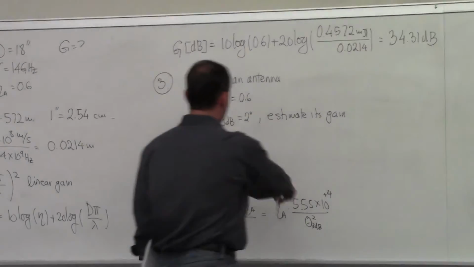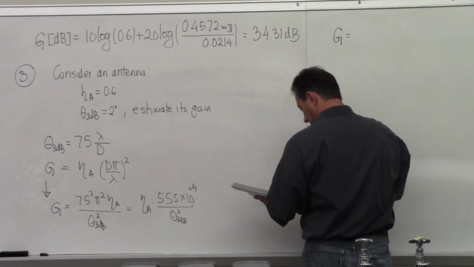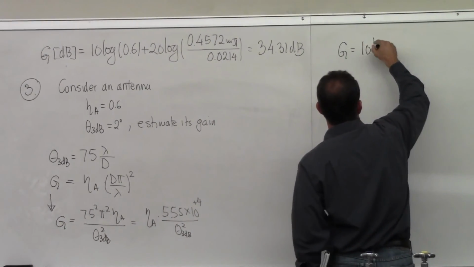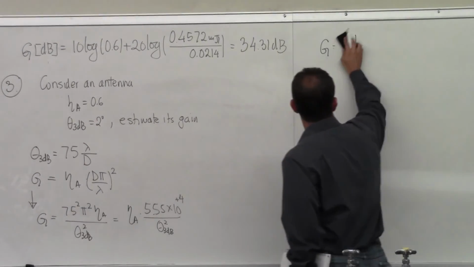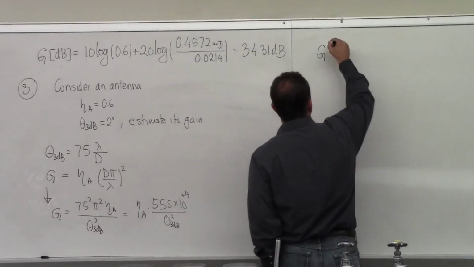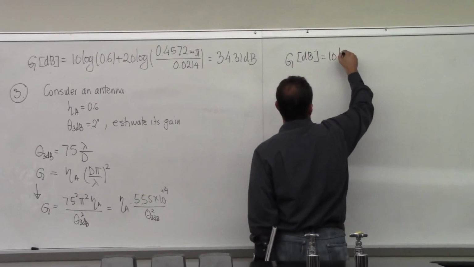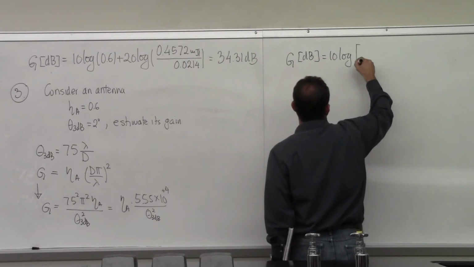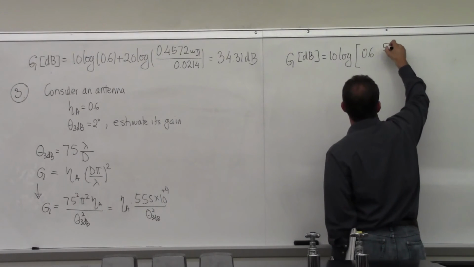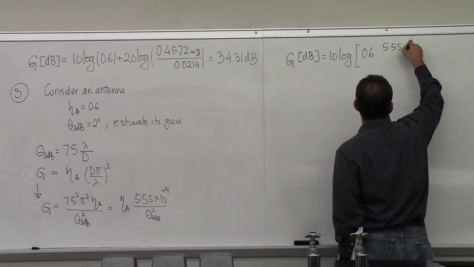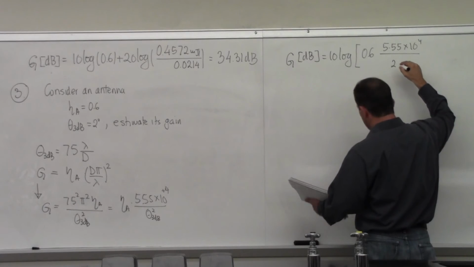So if I have all of these given, I can calculate the gain of this antenna. Gain expressed in dB is going to be 10 log of 0.6, that's your efficiency, times 5.55 times 10 to the 4, divided by 2 degrees squared.